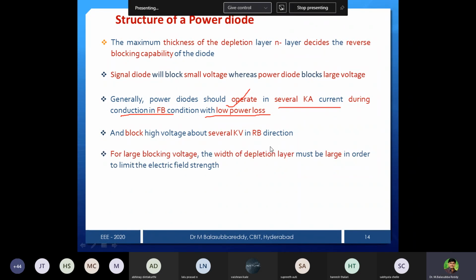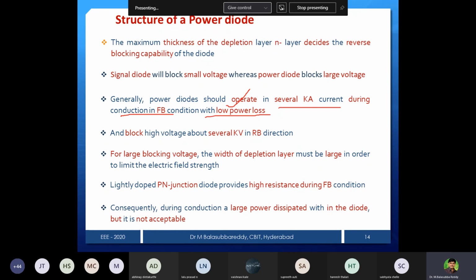For a large blocking voltage, the width of the depletion layer must be large in order to limit the electric field strength. So a lightly doped PN junction provides high resistance during forward bias condition.